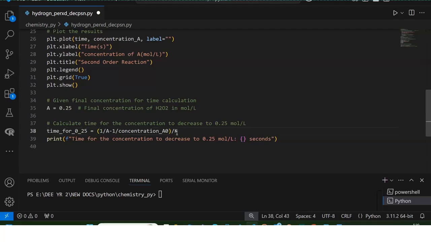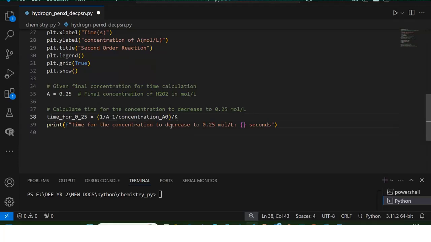The moment we do that, we want to print the results in our terminal so that we are able to see what that time is going to be. So we are going to use the formatted string literal, the f-string, in Python, and it is going to help us print out a string that also involves a value that we have earlier calculated.